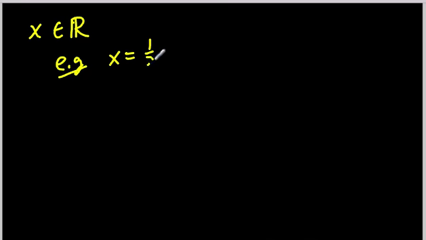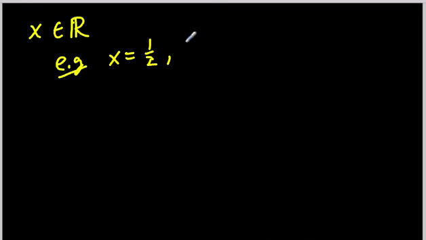Let's do another one. Let's say x is an element of the real number set, which means x can take on pretty much any value, but it cannot be an imaginary number. For example, x can equal half, right?